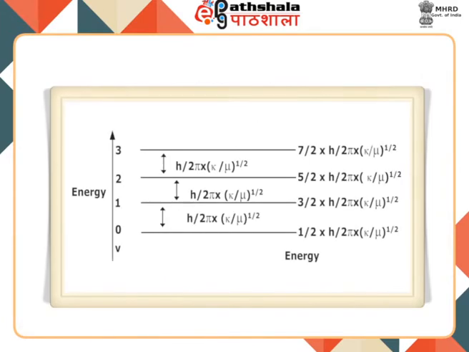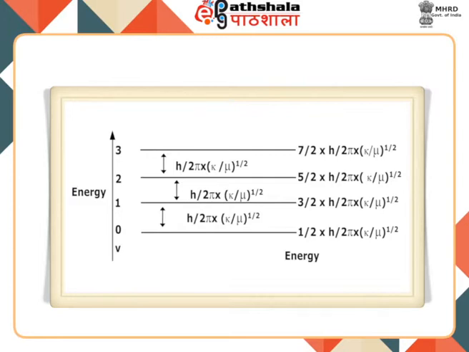You can see from this figure there are various vibrational levels having different vibrational energies, and the vibrational energy of the molecule increases with increase in the value of V. The energy difference between two consecutive vibrational energy levels is constant and is equal to h upon 2 pi into under root of k upon mu.